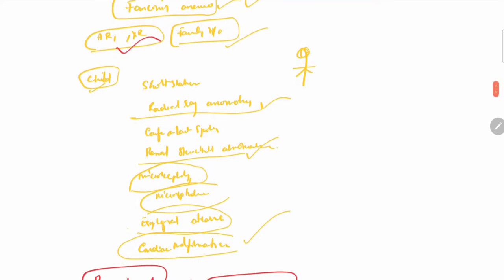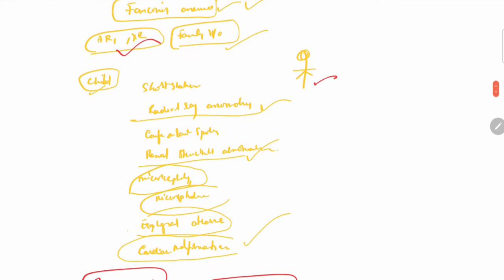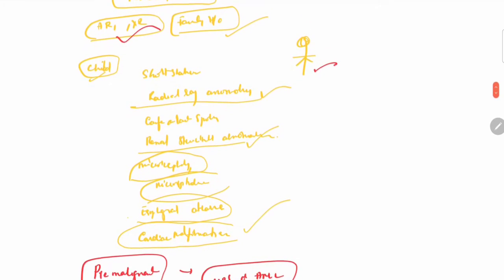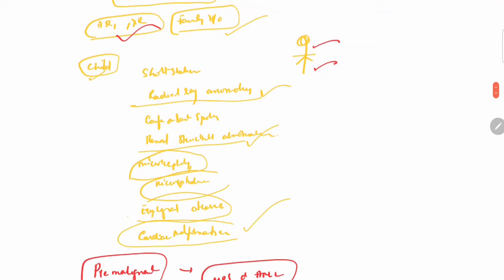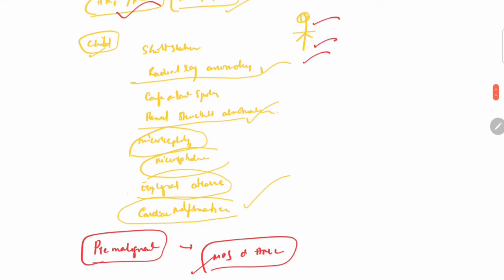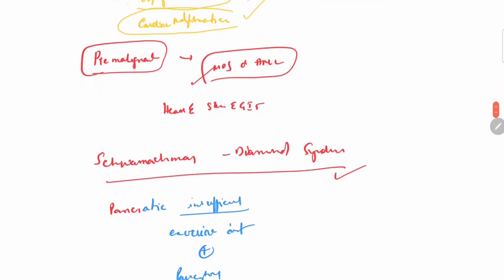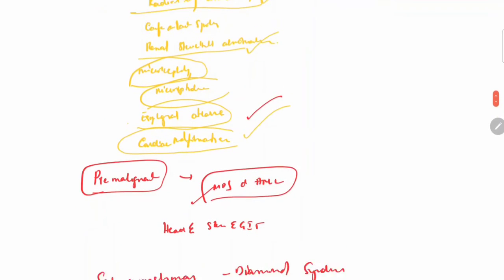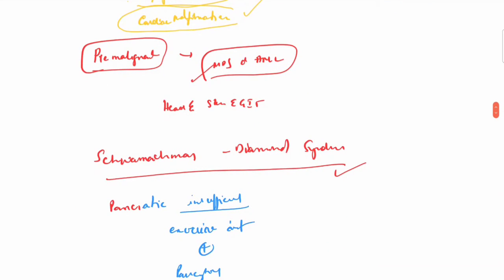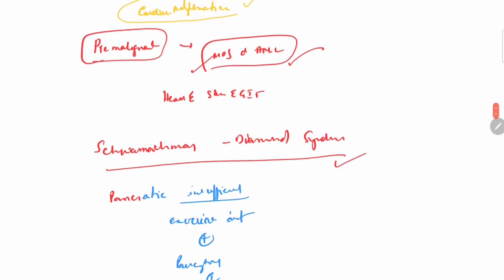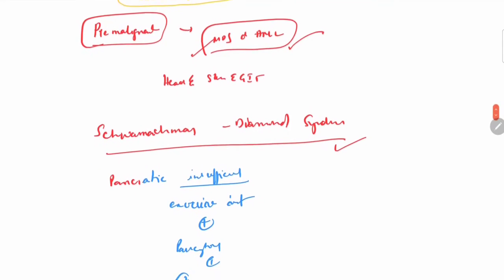What are the clinical features? Short stature, radial anomalies, café-au-lait spots, hyperpigmentation, microcephaly, microphthalmos, esophageal atresia, and cardiac anomalies. Another important feature is that it is a pre-malignant condition. It can cause myelodysplastic syndrome or acute myeloid leukemia.